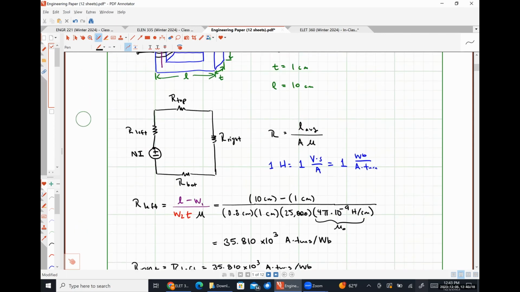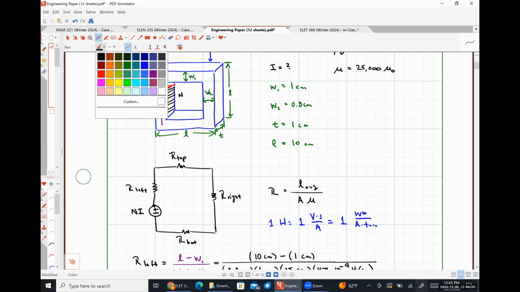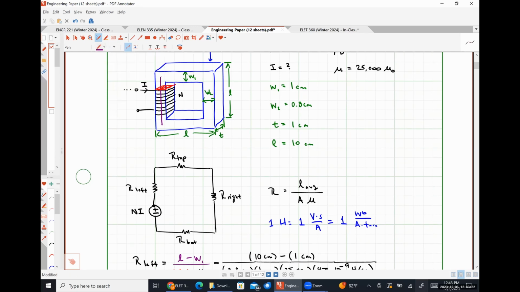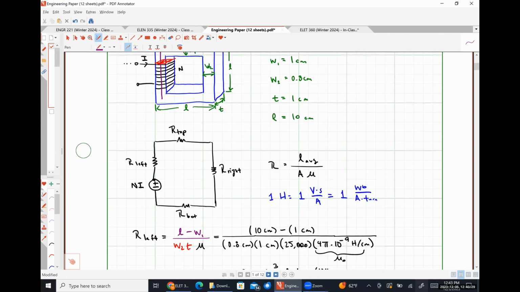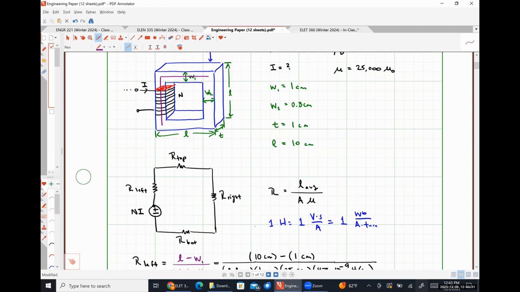Right. So for the top, we're going to be looking at this length. So how would we quantify that length I've drawn over the top part of our flux path? L minus W2. Absolutely right.